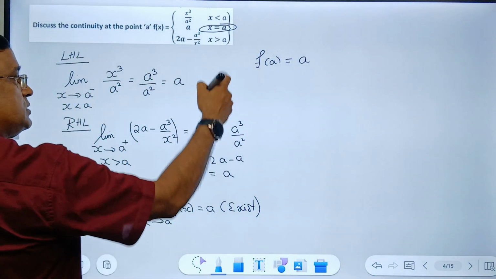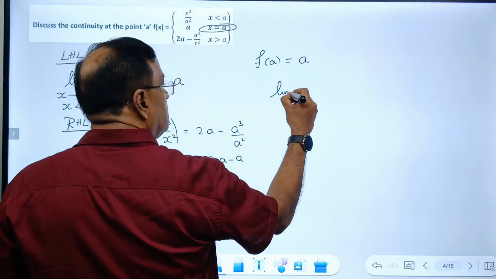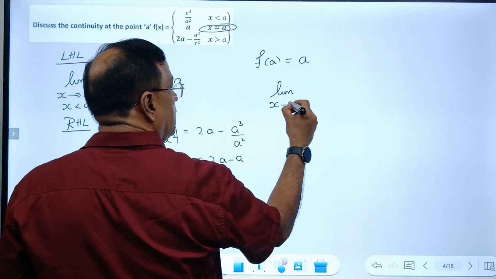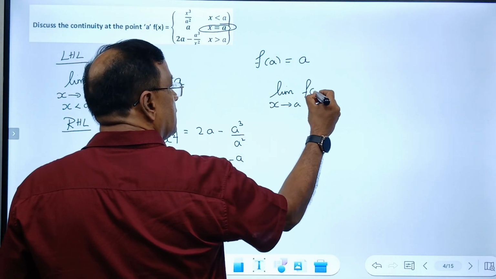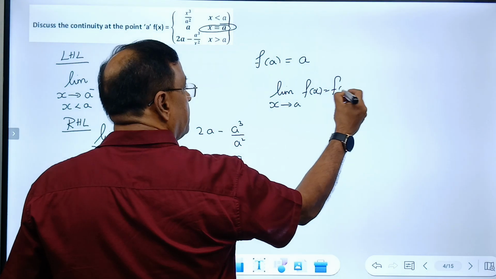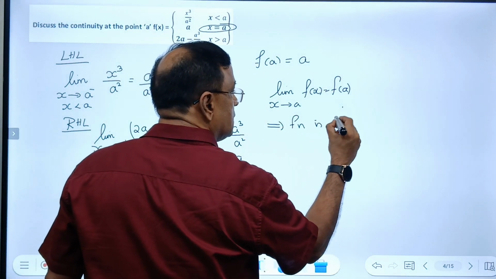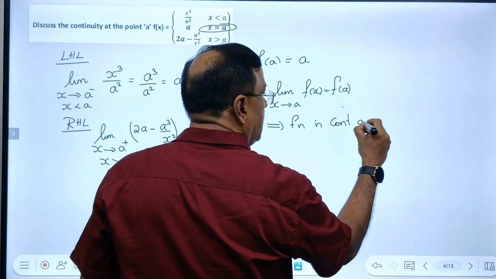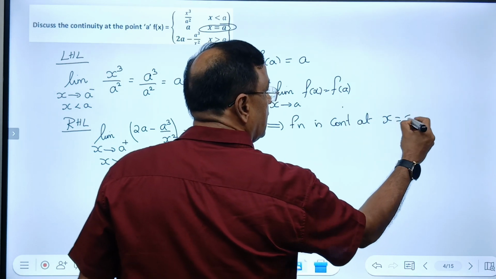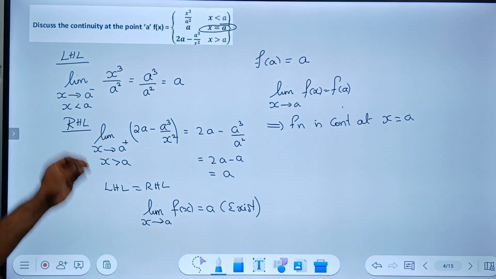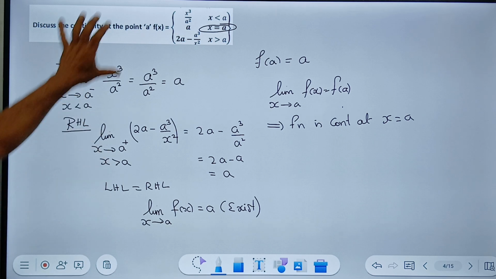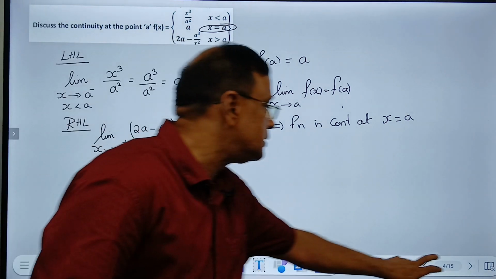Now what do you say from these two? Clearly, limit x approaches a, f of x is equal to f of a. This implies the function is continuous at x is equal to a. Beautiful, isn't it? A very, very simple question. The sum looks very complicated, but there's nothing in it.